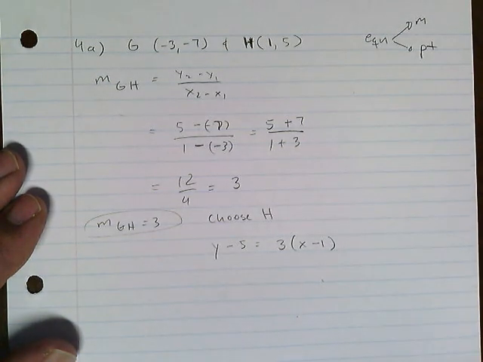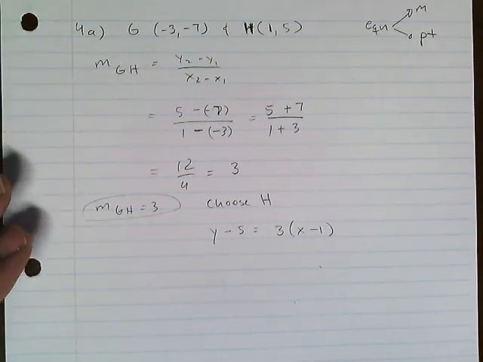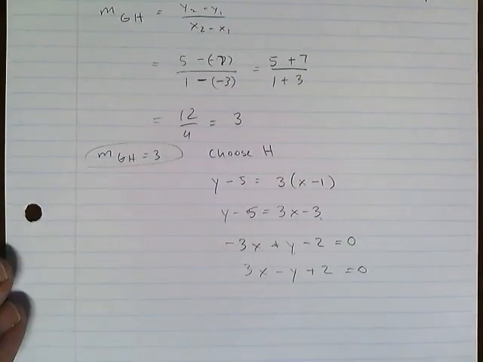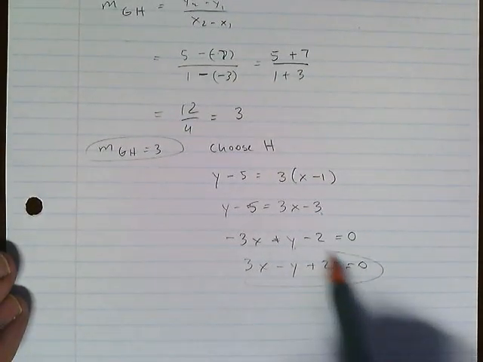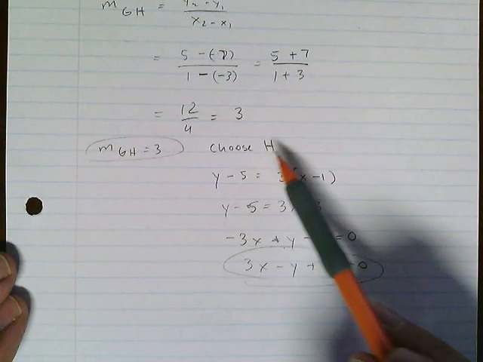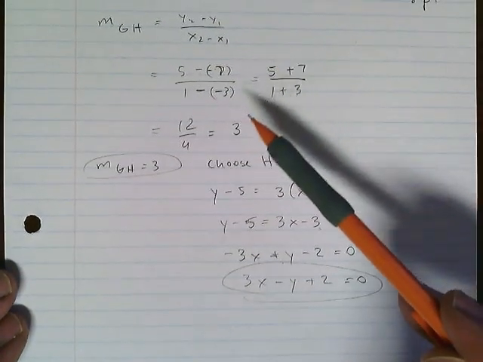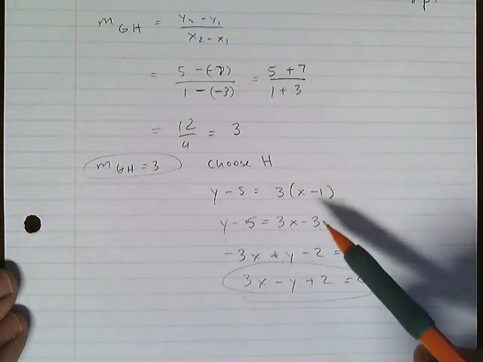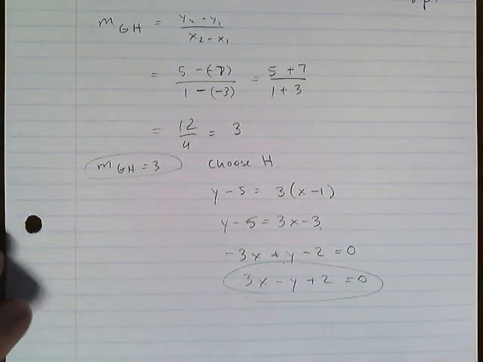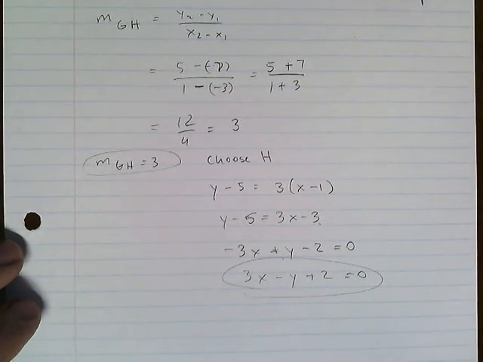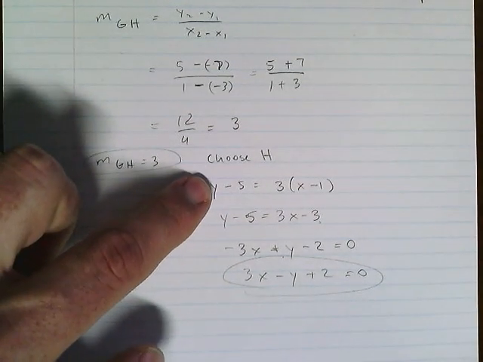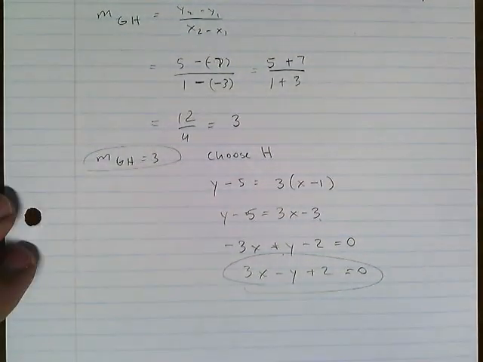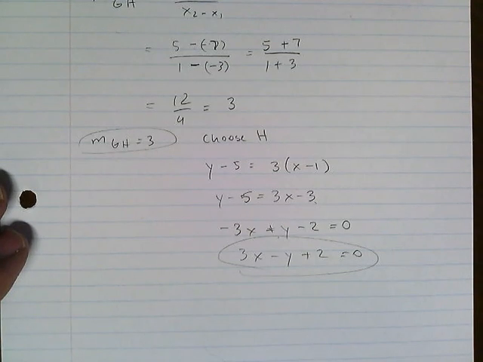And you want it in general form. So I'm going to pause it and just rewrite it. Okay, so there it is, rewritten. And this will be describing your strategies. You're finding a slope and you're choosing H. And if you chose the other point, the general form will still be the same. Okay, so that's it for this video.